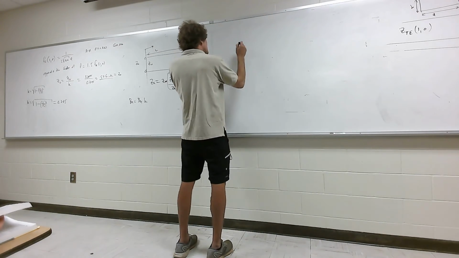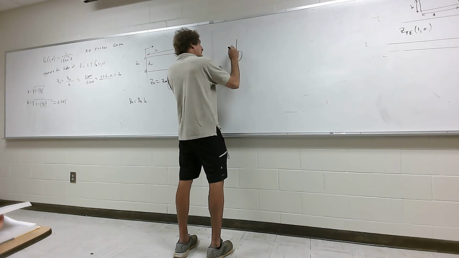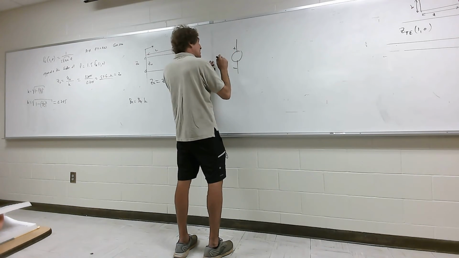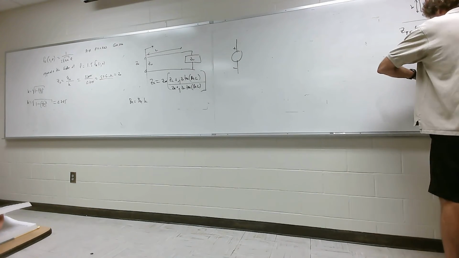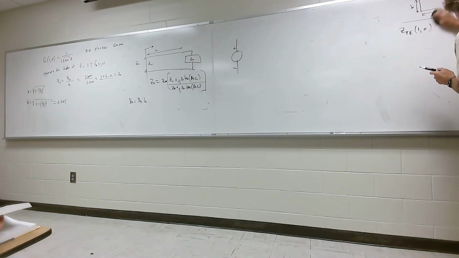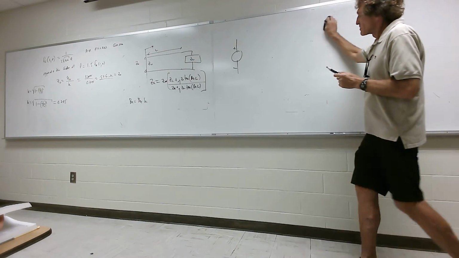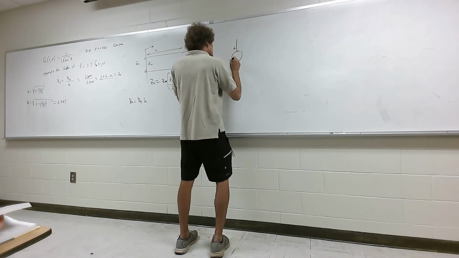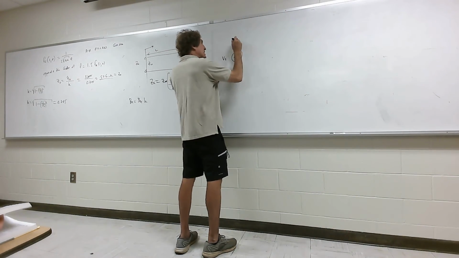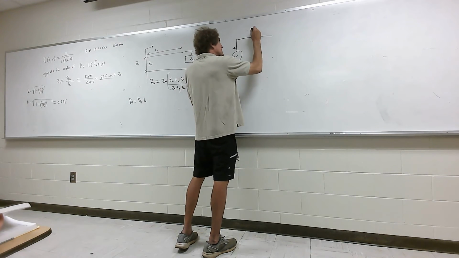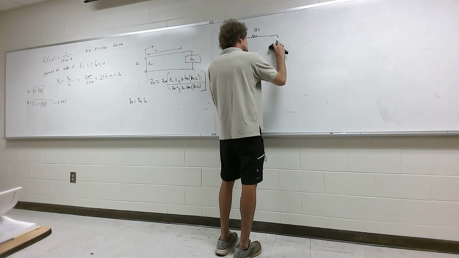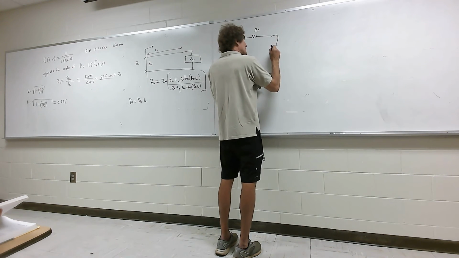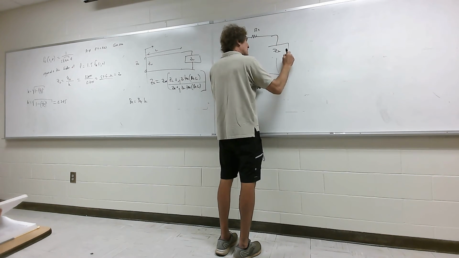The first thing we do is look at how much of this signal is actually going to be on the guide. So I have Vs here, which is my source, with source resistance Rs, and now I put down my impedance, Zin.